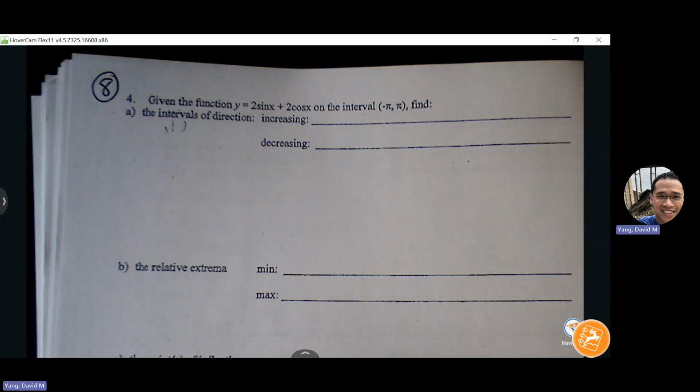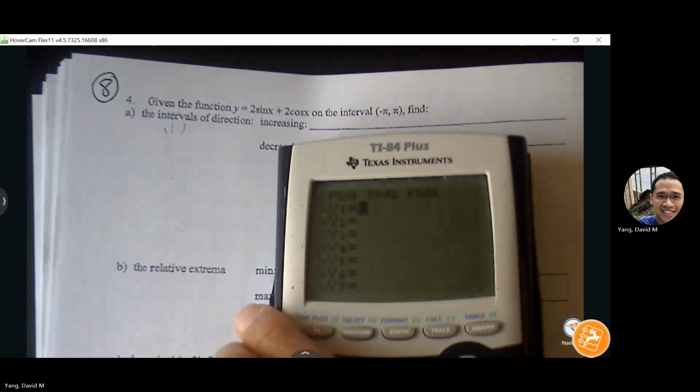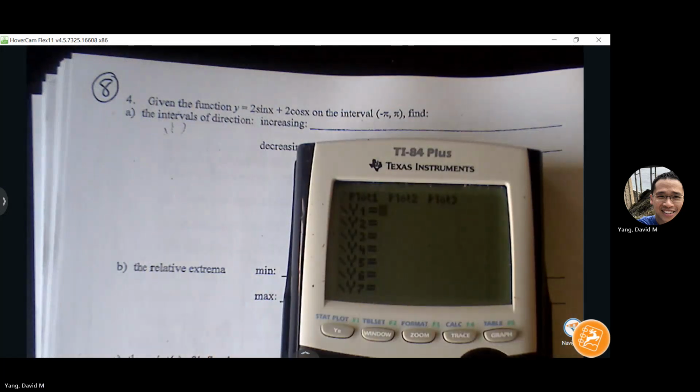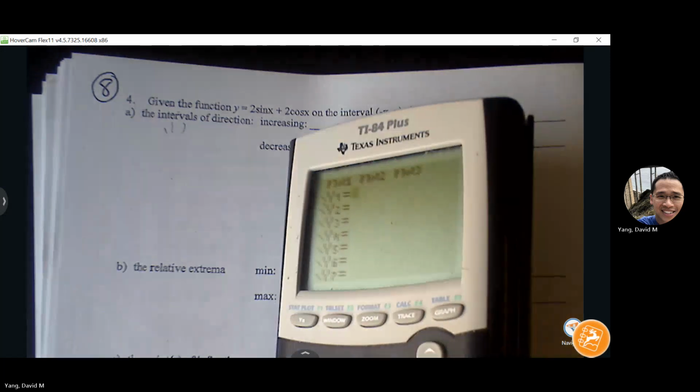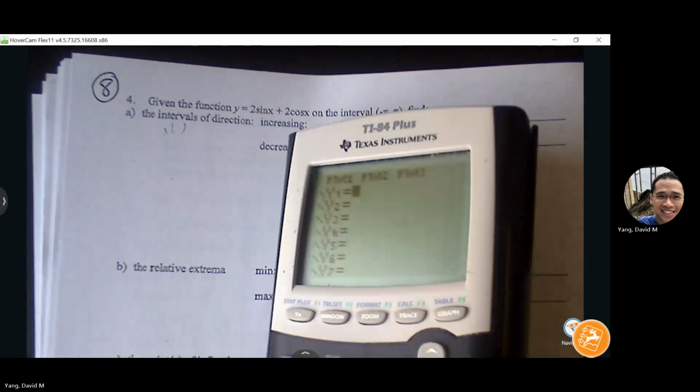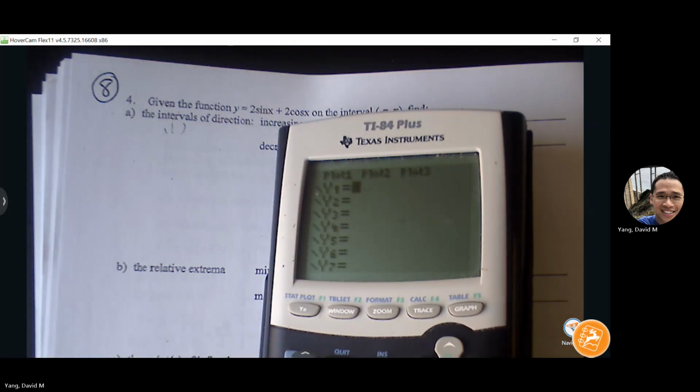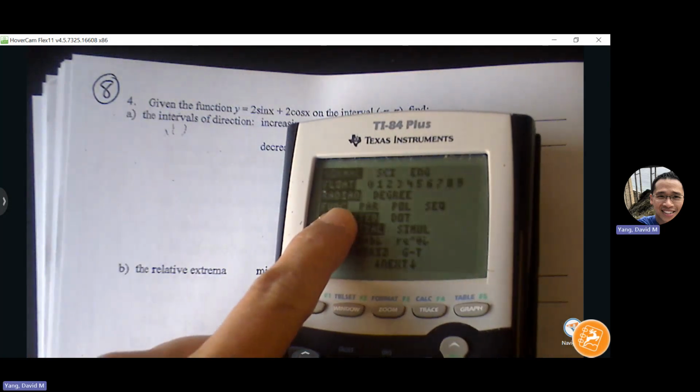Okay, we like to start off by graphing just to see what we have in front of us, and then we can always use our calculator to confirm all the answers that we're getting. So if you have a calculator here, let's go ahead and practice typing that in. Again, make sure that you're in radian mode.